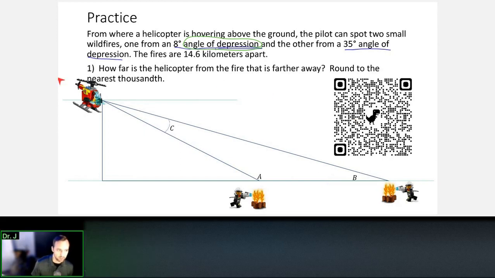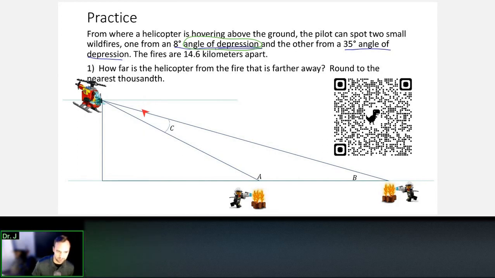So your angle of depression is made, and I was hoping this gave it away, by this line that's parallel with the ground. Angle of depression is the angle made between this parallel line and their line of sight. So this would be an angle of depression.